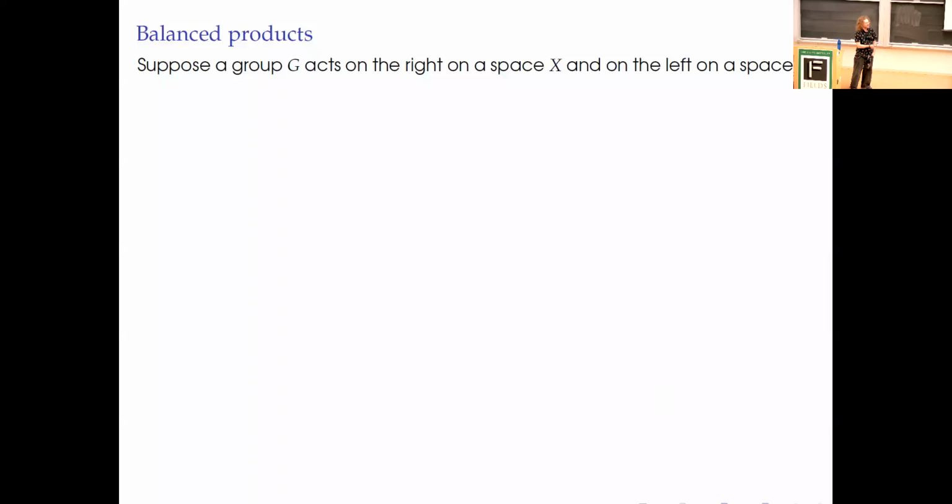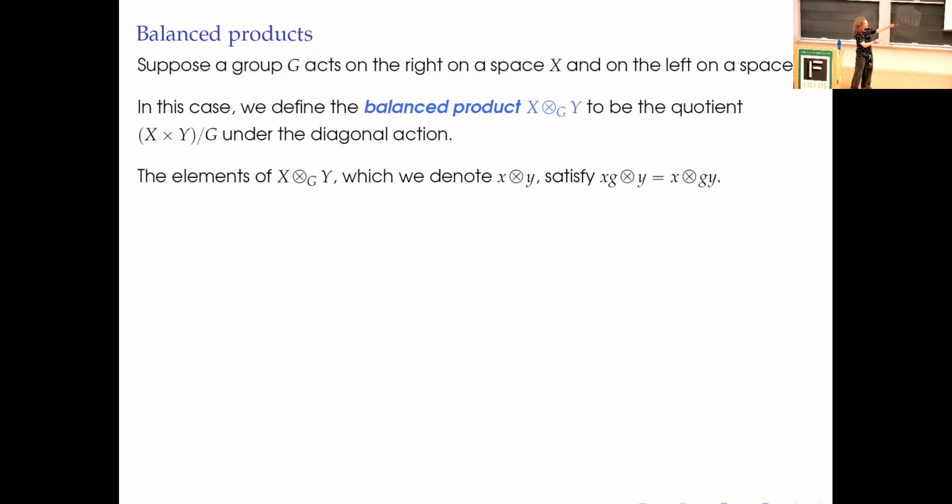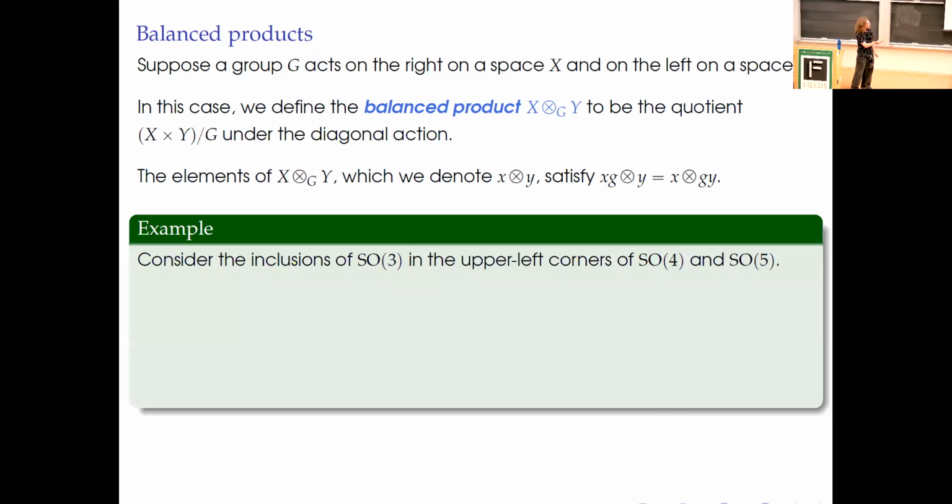Right. Okay, so here's balanced products. It's just a quotient under a certain action. So take a diagonal action of G on a space where you have a right and a left action. We denote the elements this way. This is why it's like a tensor, because you can pass the G back and forth under this quotient.